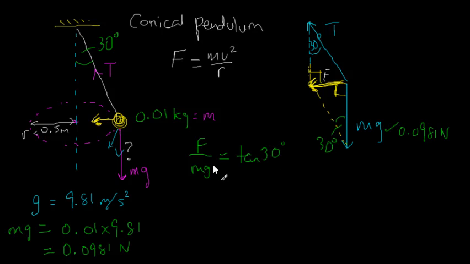I can multiply both sides by mg, and I can now calculate F. mg is 0.0981 times tangent 30 degrees.